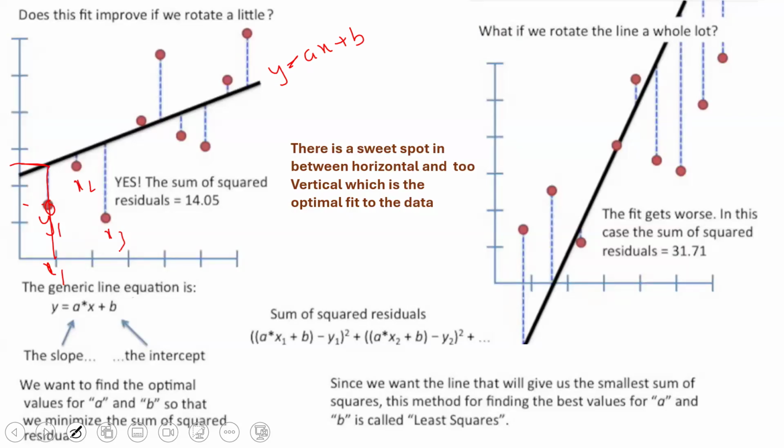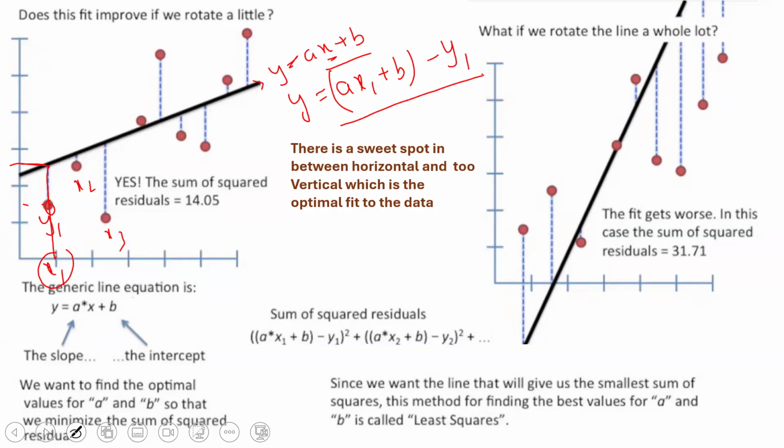To get the predicted value, if the line is y = ax + b, you just substitute x into the line. So the predicted value is a·x1 + b, minus the actual value y1. This is the residual.